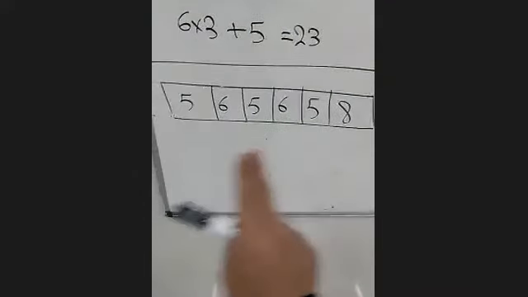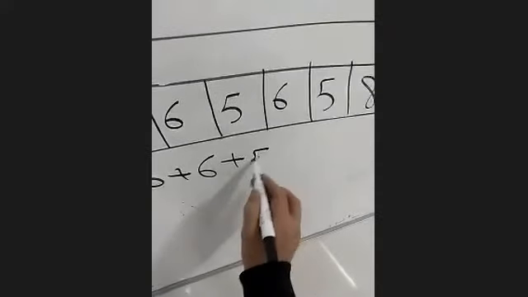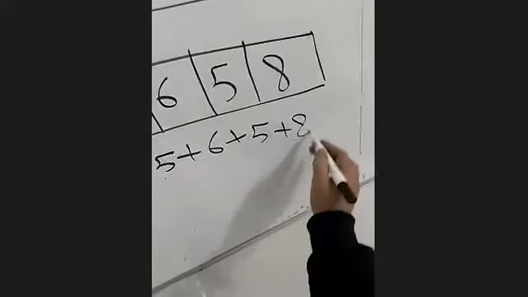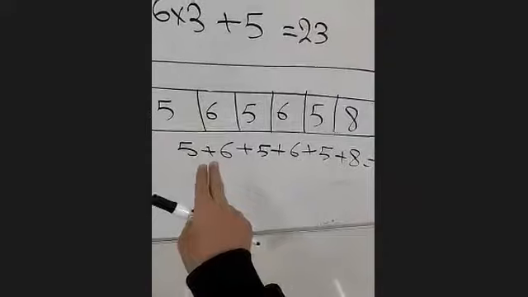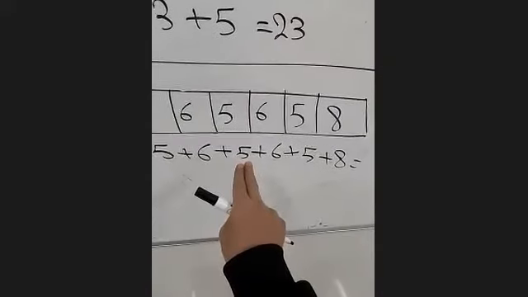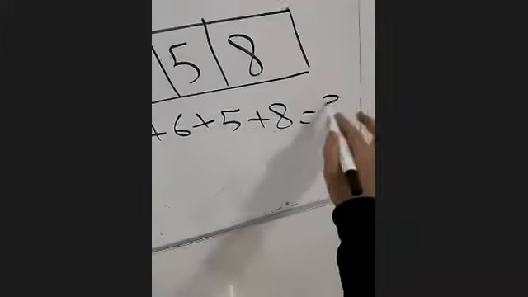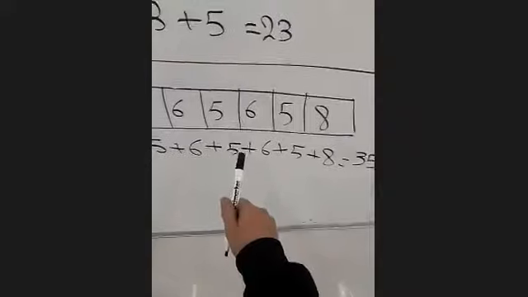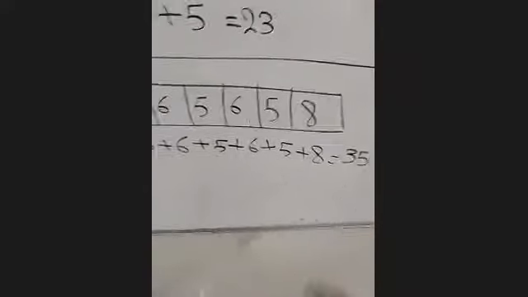Only addition: 5 plus 6 plus 5 plus 6 plus 5 plus 8. And we add: 11, 16, 22, 27, 35. Again, 11, 16, 21, 27, 35.